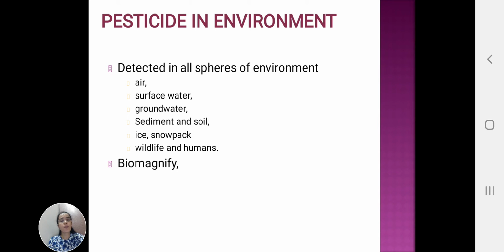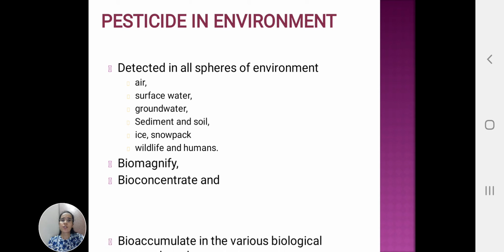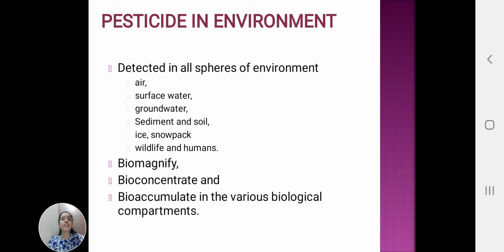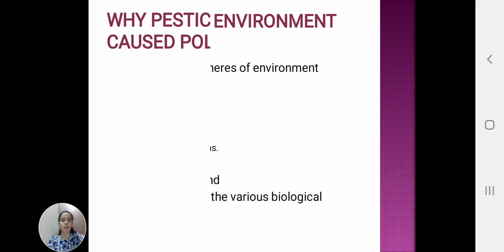They also biomagnify, bioconcentrate, and bioaccumulate in the various compartments of the environment. Not only the presence or the amount used, they can amplify themselves. They can undergo biomagnification, bioconcentration, and bioaccumulation, about which you must have read in your previous modules.